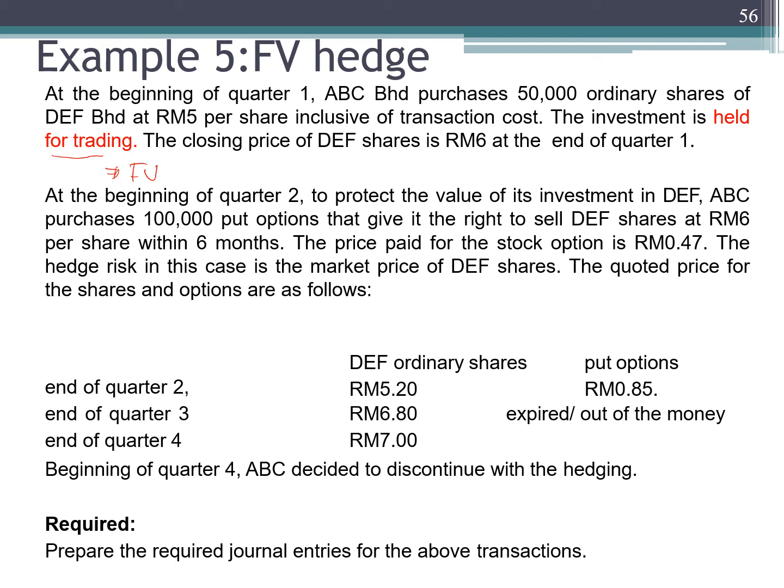So you put it here: at the beginning of quarter 1, the value of the shares is 5 ringgit, and at the end of quarter 1, the value becomes 6 ringgit. We need to know about this information. At the beginning of quarter 2, to protect the value of its investment, ABC purchased 100,000 put options.